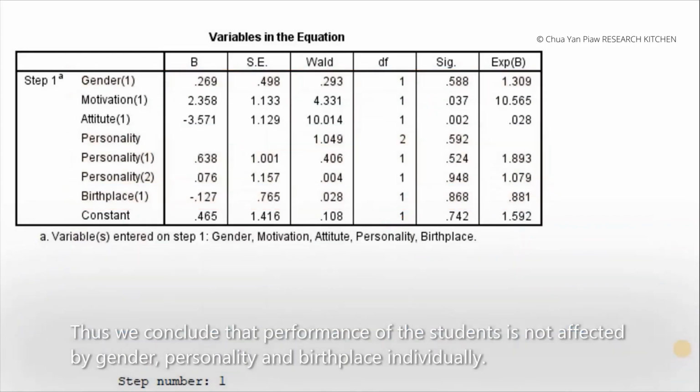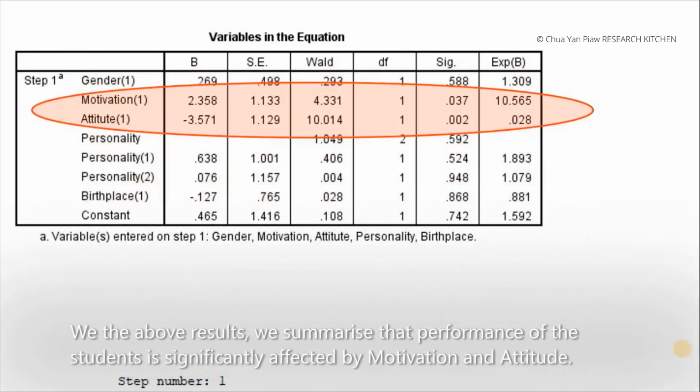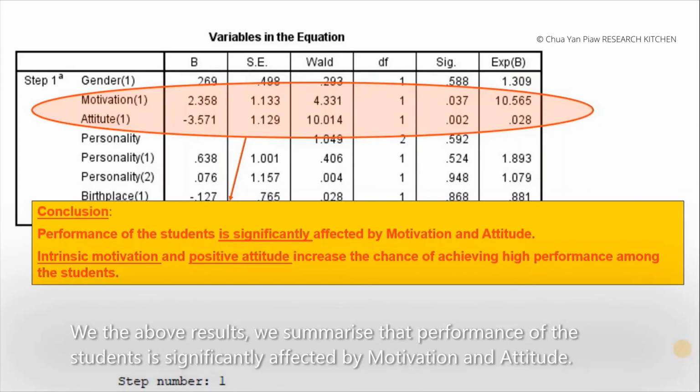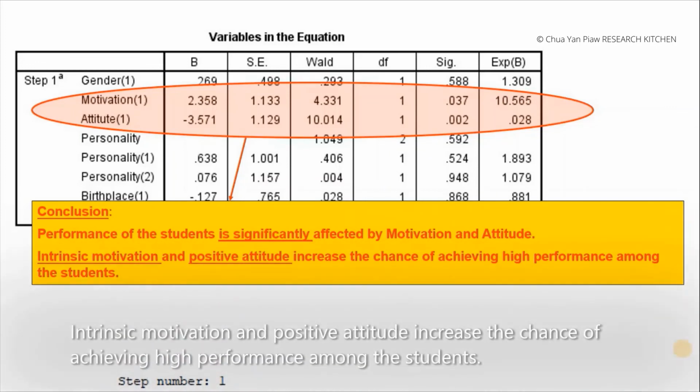With the above result, we summarize that performance of the student is significantly affected by motivation and attitude. Intrinsic motivation and positive attitude increase the chance of achieving high performance among the students.